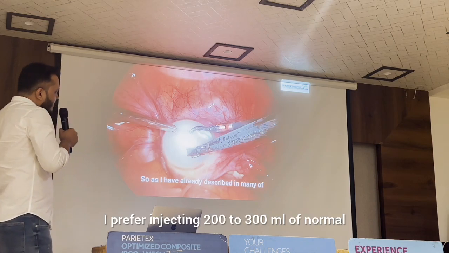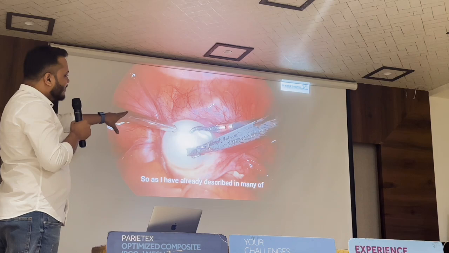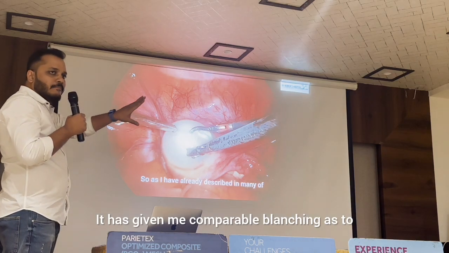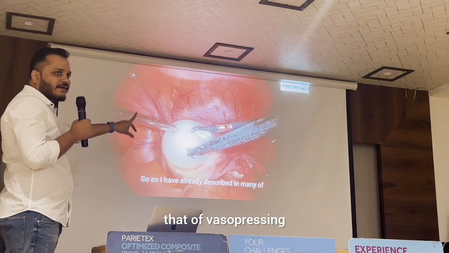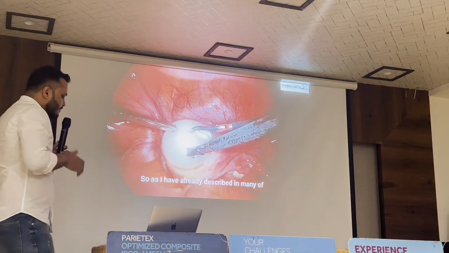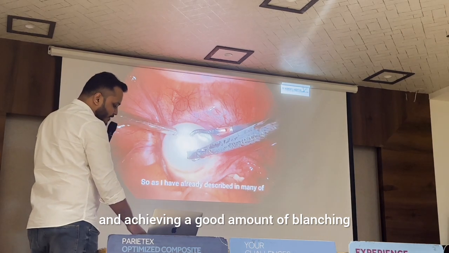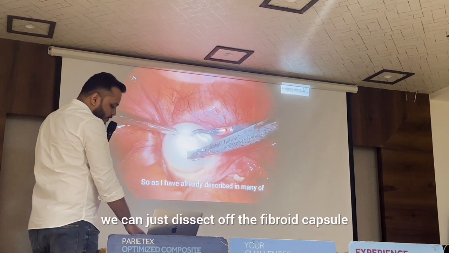I prefer injecting 200 to 300 ml of normal saline into the fibroid. It has given me comparable blanching to that of vasopressin. It doesn't have any contraindications and it is equally effective. So after injecting and achieving a good amount of blanching, we can just dissect off the fibroid capsule.